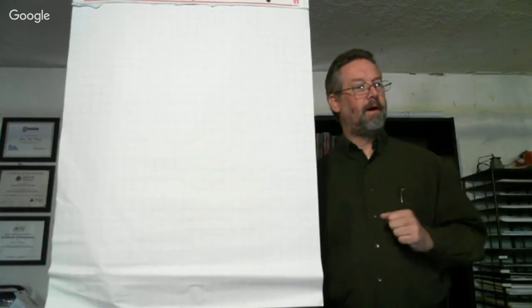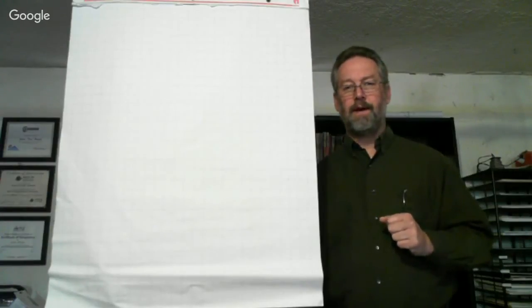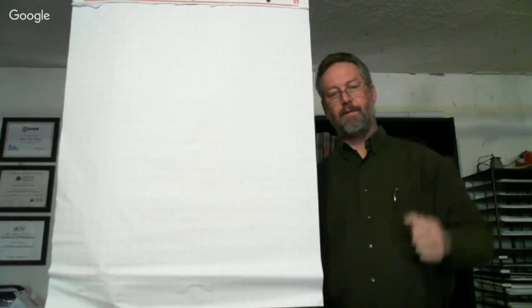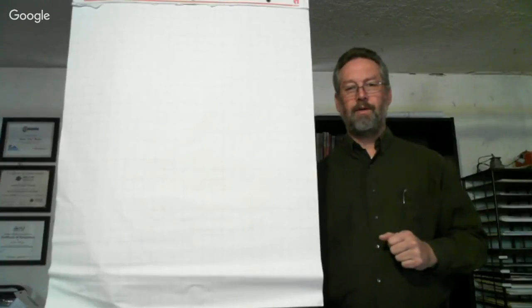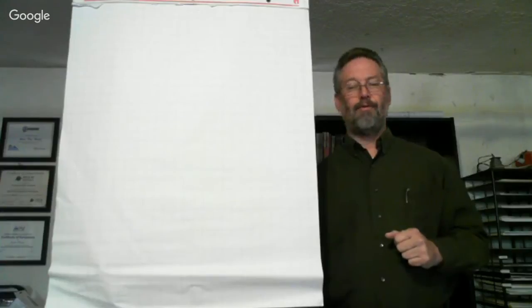Now, in our scenario, we're going to be looking at ISS at a 60-degree elevation above the horizon. And we're going to assume that ISS is at an altitude of 400 kilometers above sea level.